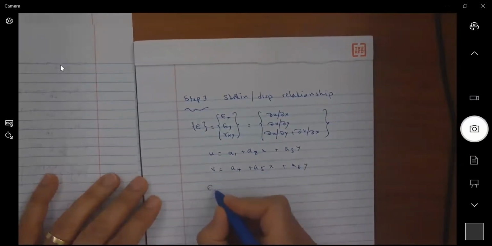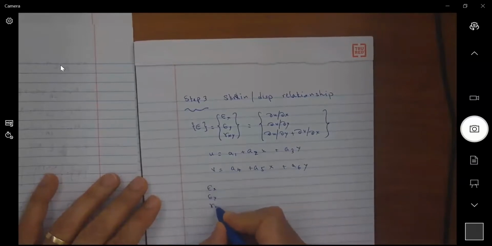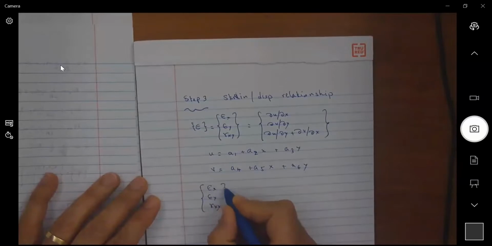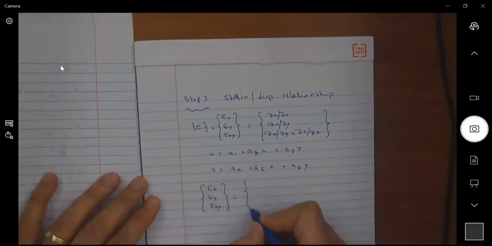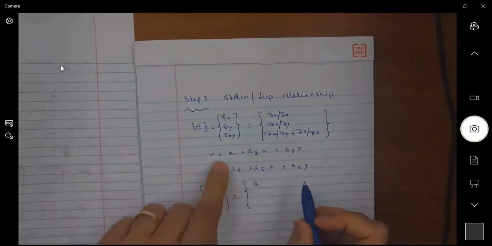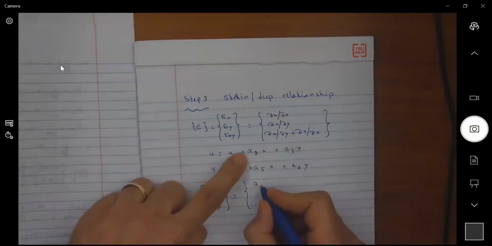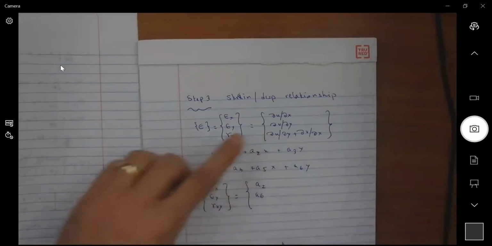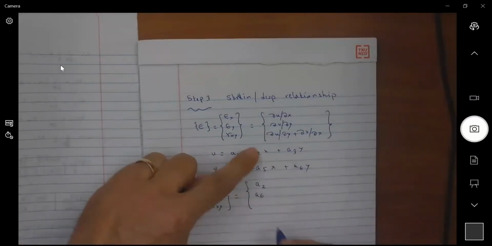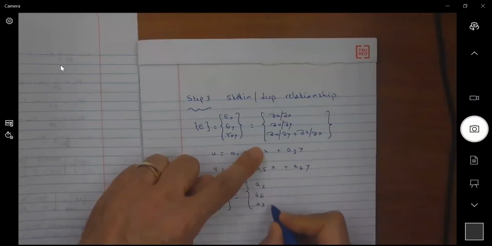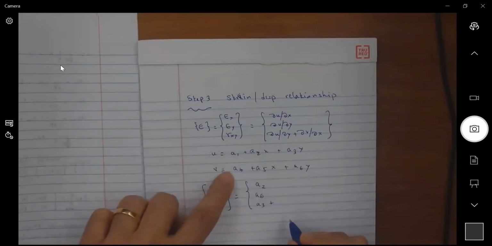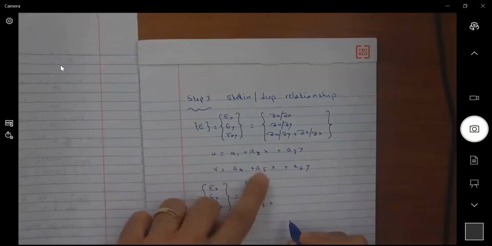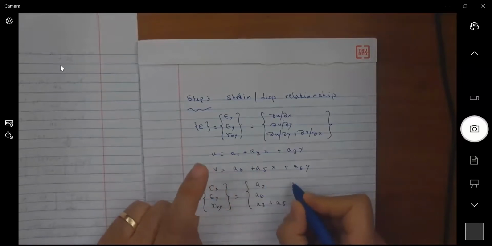I can say that epsilon x, epsilon y, gamma xy may be expressed as equal to, if I take the partial derivative with respect to x, I get a2. If I take the partial derivative with respect to y, I get a6. And if I take the partial derivative of u with respect to y, I get a3. And partial derivative of v with respect to x, I get a5.